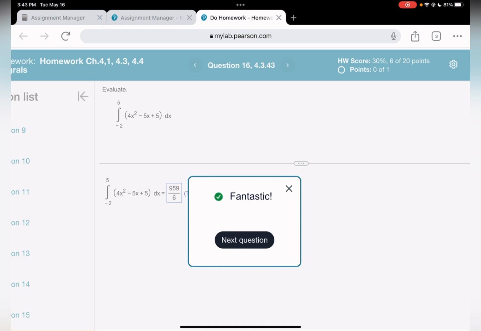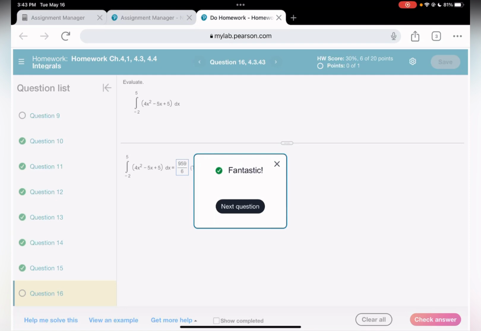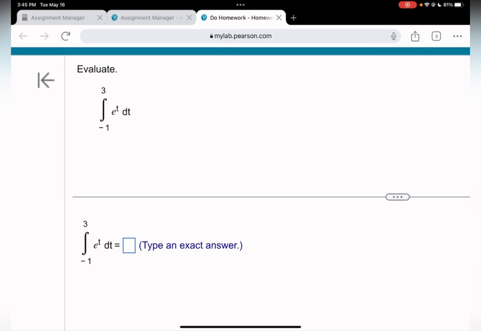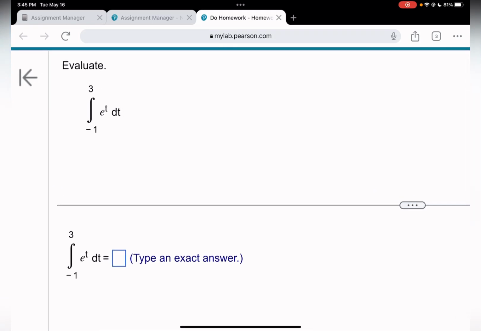Number 17. This is going to be interesting. So, what do we have? E to power t dt.